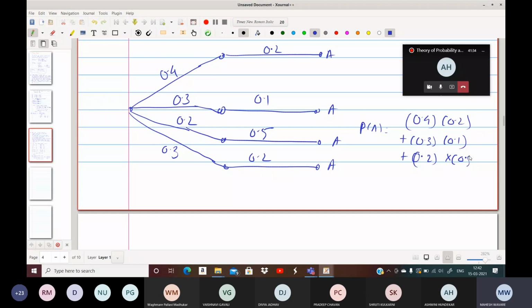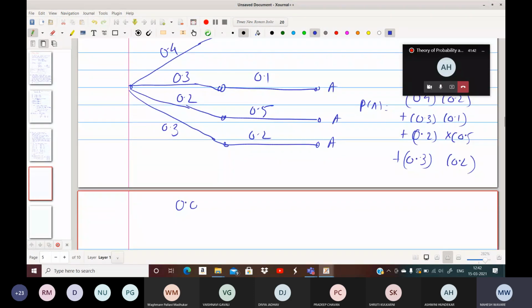Just sum these: 0.08, 0.03, 0.1 and 0.06.